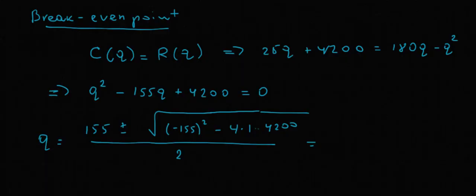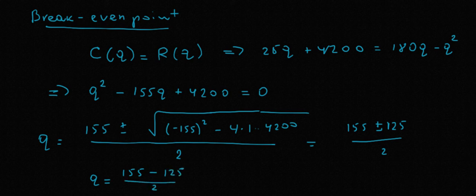And so our solutions for Q will be 155 plus or minus 125 divided by 2. And as I mentioned earlier, we want the smaller solution. So let's take the minus sign in this formula. Q equals 155 minus 125 divided by 2. 30 divided by 2, that's 15. And so the company will have to manufacture at least 15 units to break even.